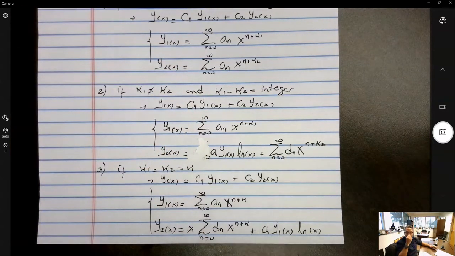So it's slightly different from the previous one. This is how it goes.